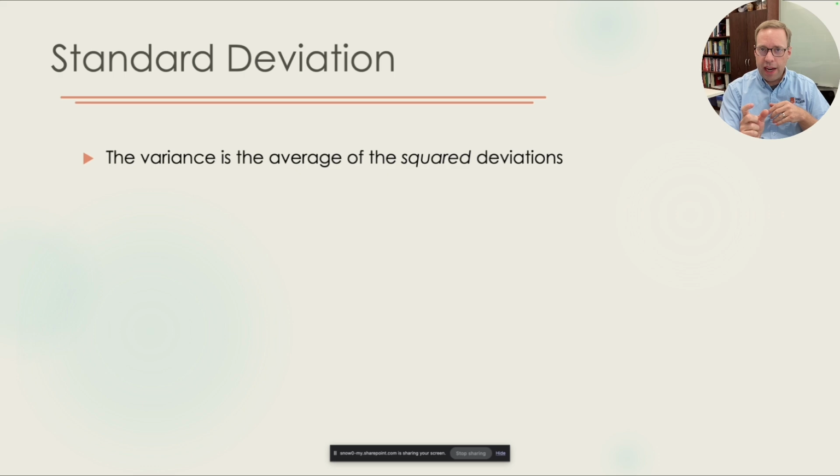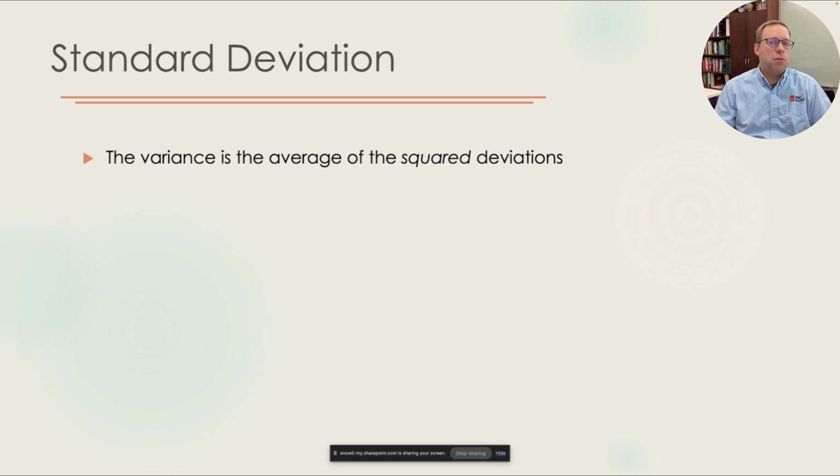So you found the deviation, how far a person's salary was from the mean, and then you squared it. So now that squared deviation has a unit of squared dollars. We have no idea what that would even mean, okay? Squared dollars just doesn't really make sense.